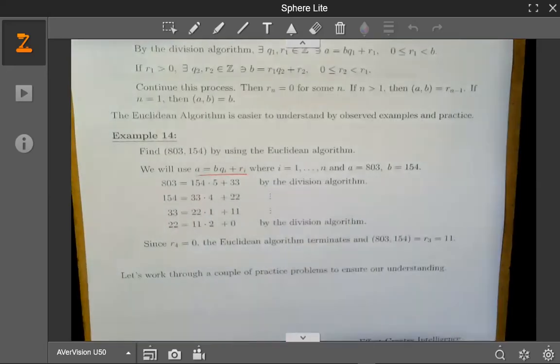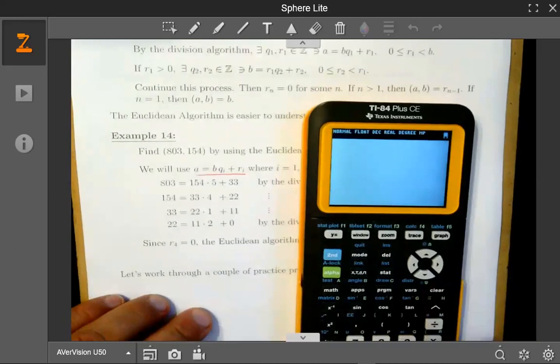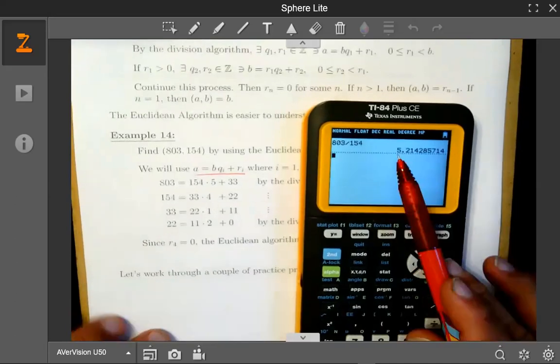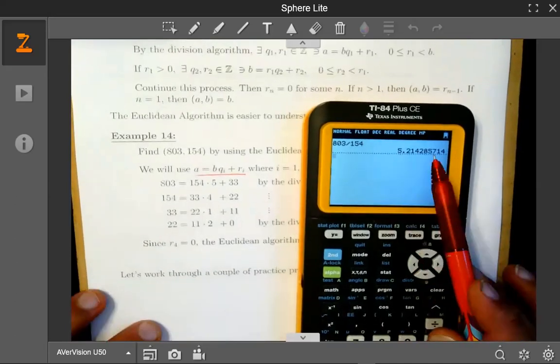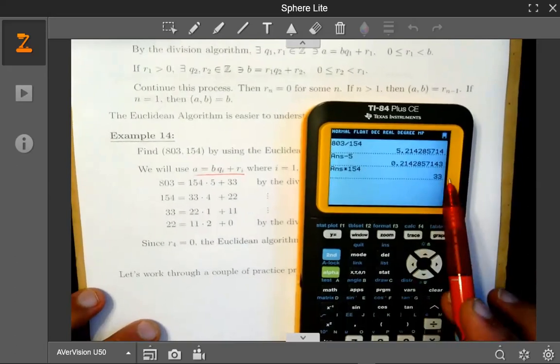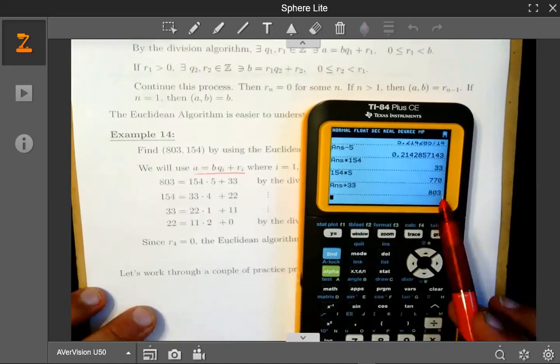How can we check that information? Well, here's what we can do. I can say 803 divided by 154, and that gives me 5, so there's my quotient, and then some remainder. So I'm going to subtract out the quotient, focus on the remainder, multiply by 154, and that's where my 33 comes from. So I can double check: 154 times 5 plus 33, that is the 803, okay?